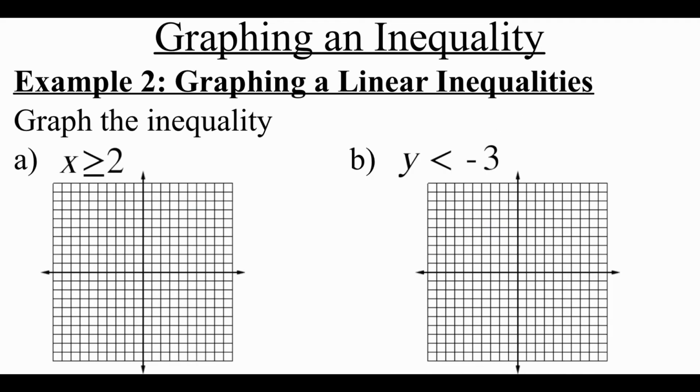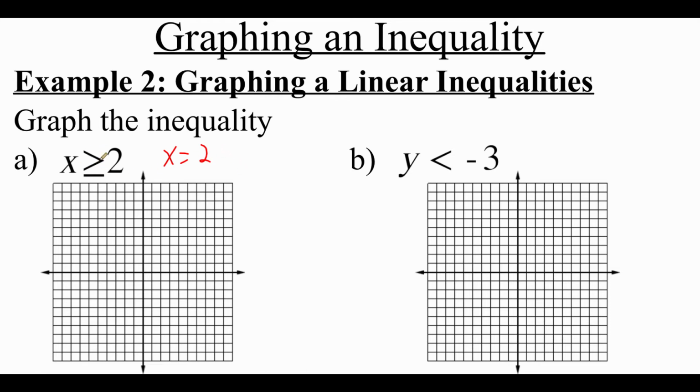Now here in this example, we've got a couple of special kinds of linear inequalities. The first one, we've got x is greater than or equal to 2. So if we get rid of the inequality symbol and replace it with just an equal sign, then this says x equals 2. And we have to remember that an x equals equation is a vertical line through that specific x value.